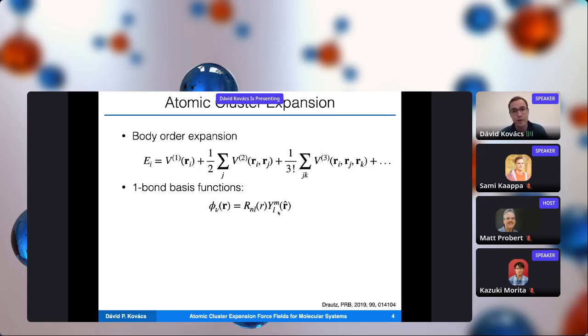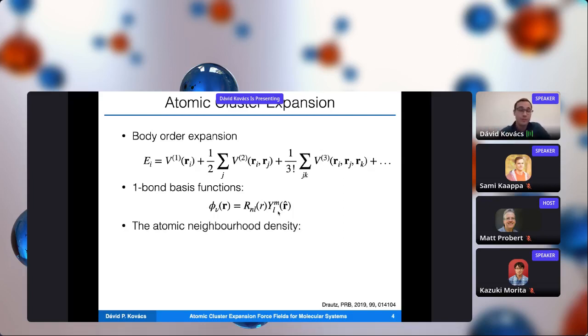They are going to be very convenient to obtain rotationally invariant basis functions, because the energy has to be invariant with respect to translating a molecule, rotating a molecule, inverting a molecule, and also with respect to permuting like atoms.